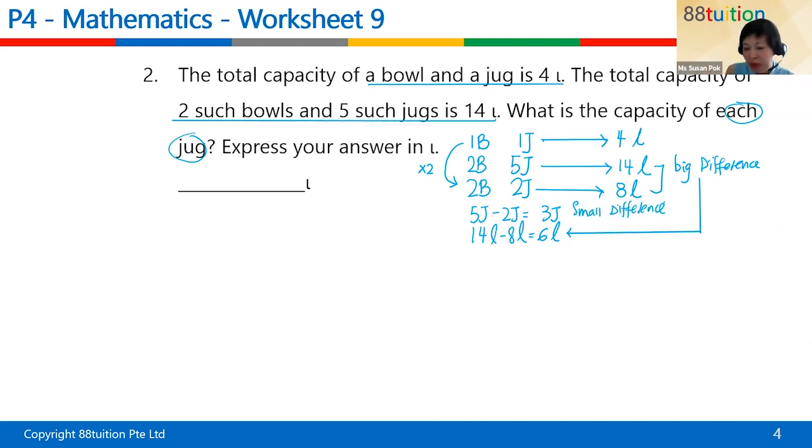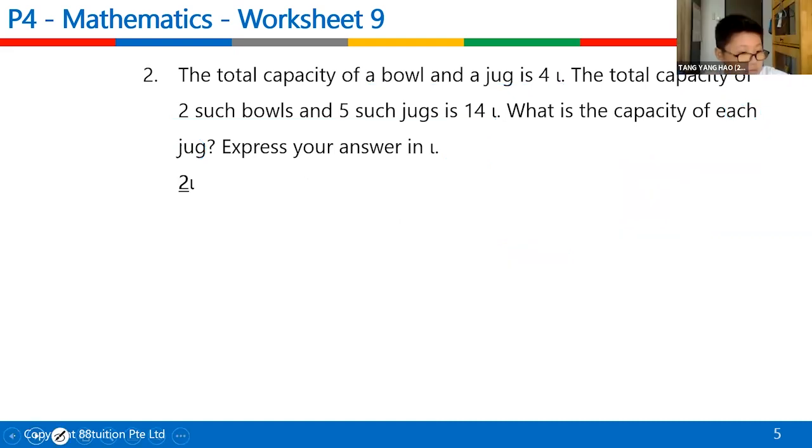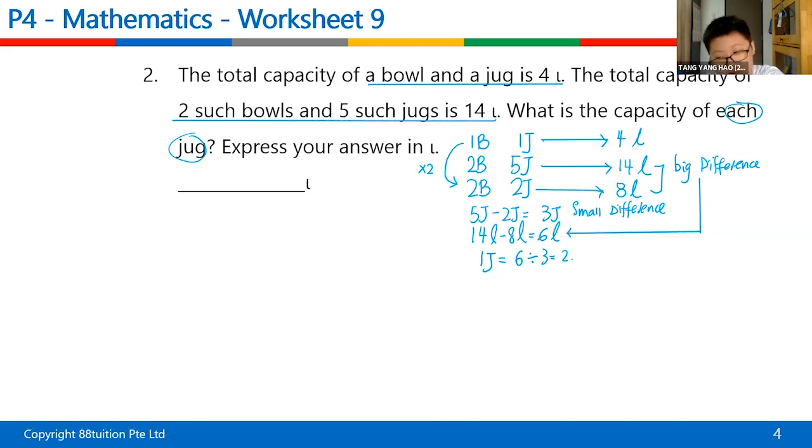You take the big difference divided by the small difference, which gives you 1 jar. So to find 1 jar, you use 6 liters divided by 3. Divide by 3 first, right? 2 liters. So 1 jar itself is 2 liters. All right? So 1 jar is equal to 2 liters. The answer expressed in liters is 2 liters.